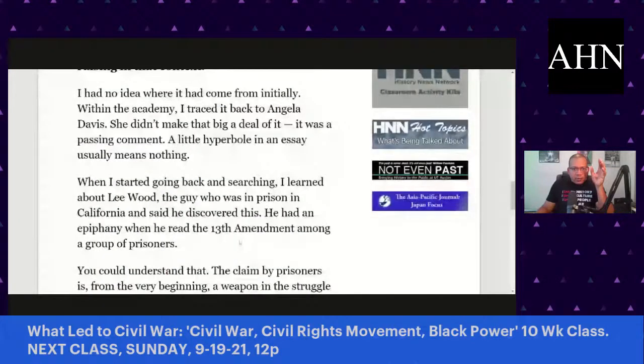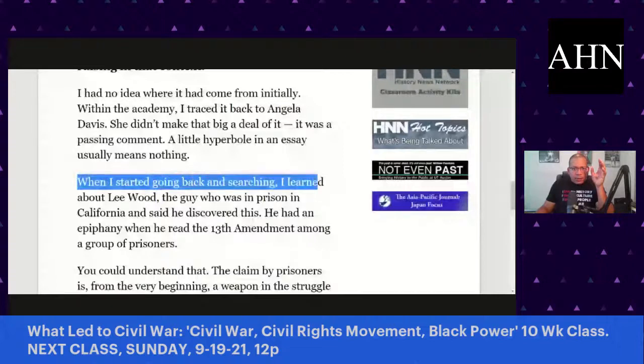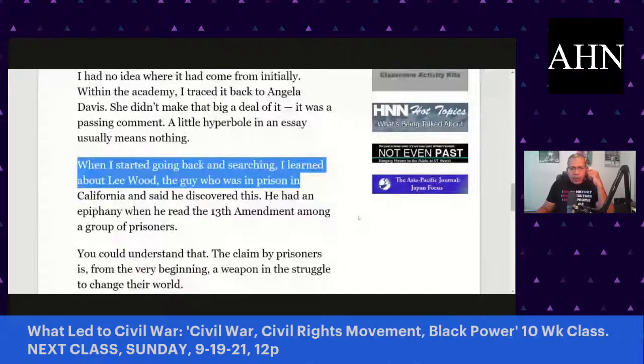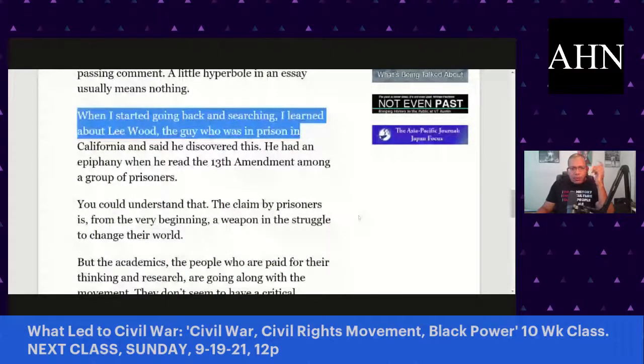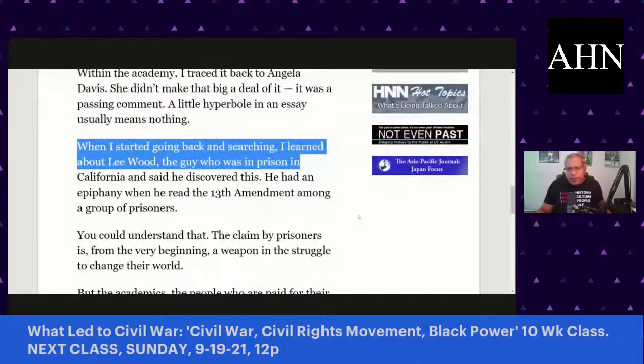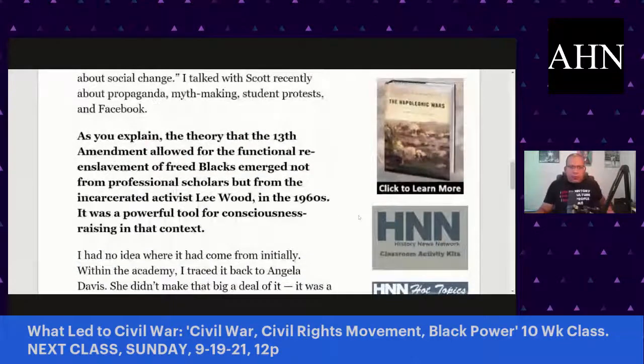He said, when I started going back and searching, I learned about Lee Wood, the guy who was in prison in California, and he discovered this. He had an epiphany when he read the 13th Amendment among a group of prisoners. So he thought that that's why he was in prison, because of the 13th Amendment to the U.S. Constitution. No. Go read this full article here.